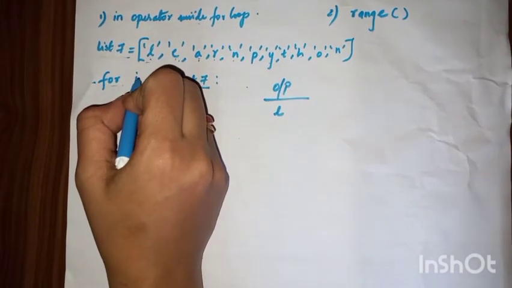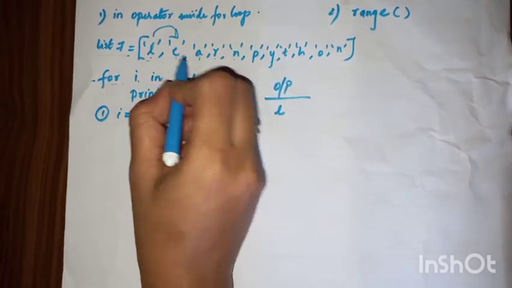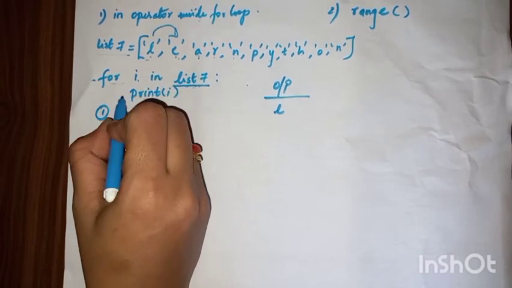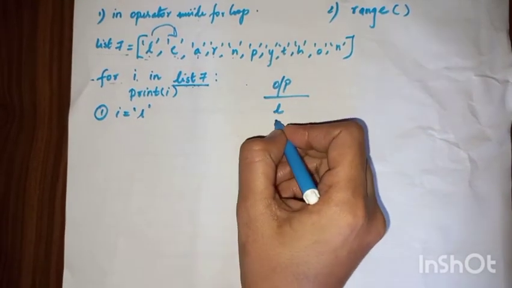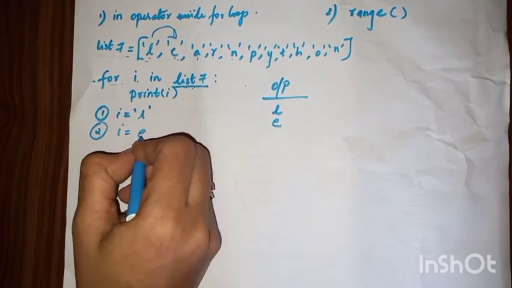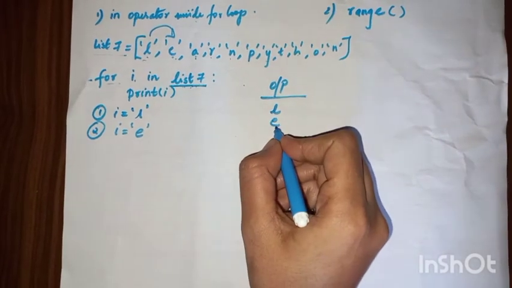The value of I will be the next element in the list, E. Again it will enter the loop, and in the second iteration, I is equal to E. Print I will print E in the next line.